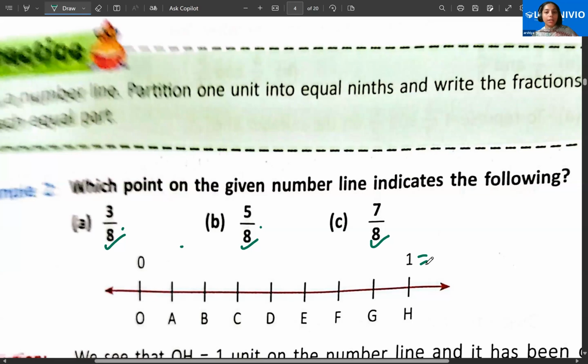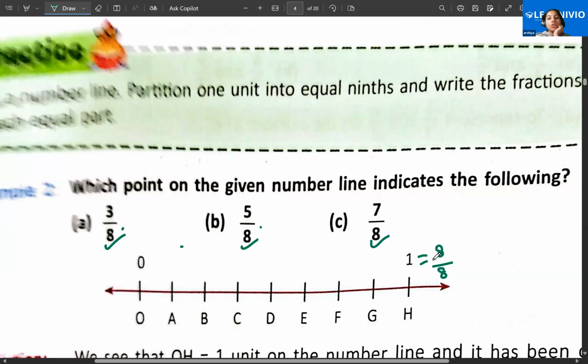But in this case, what's the denominator here? 8. Yes. So how will we get 1 here? 8 by 8, right? Yes. When you have both the same numbers, then you get 1.